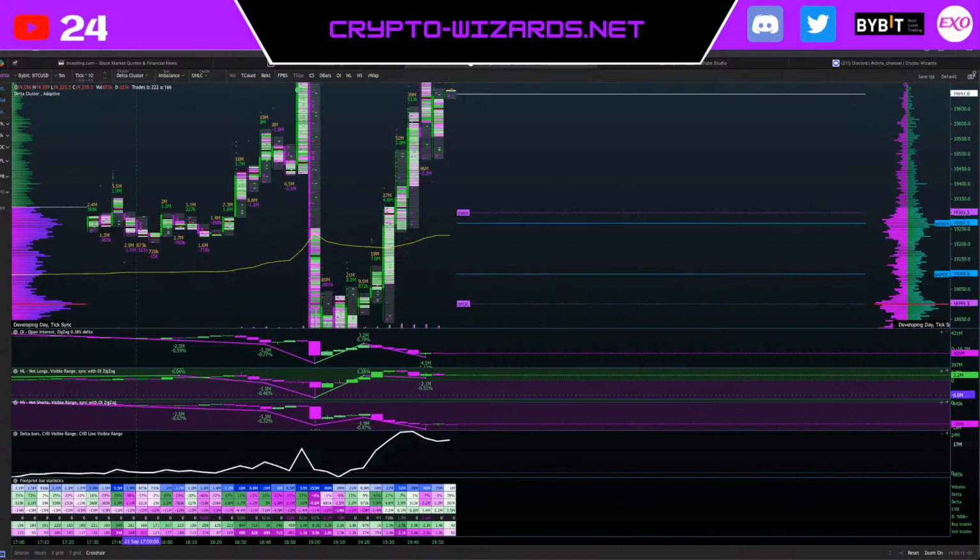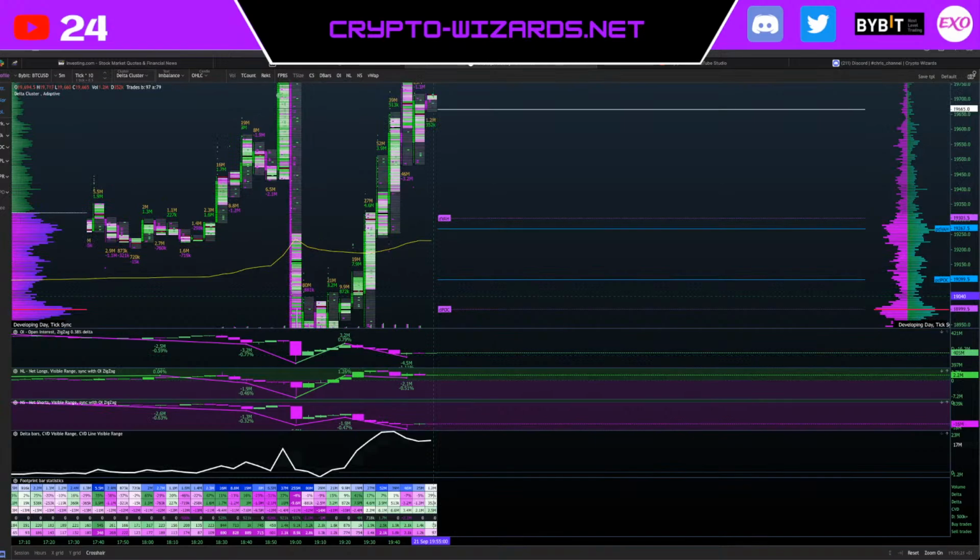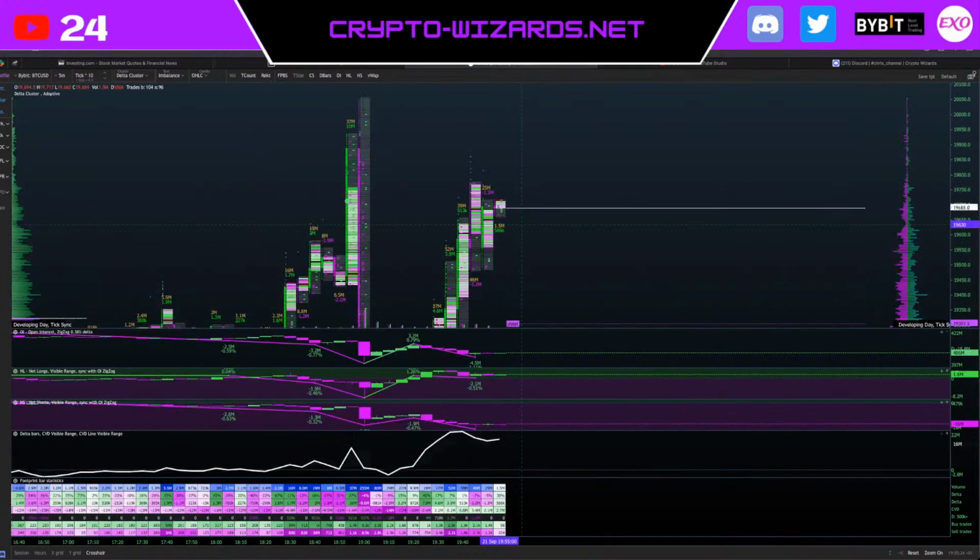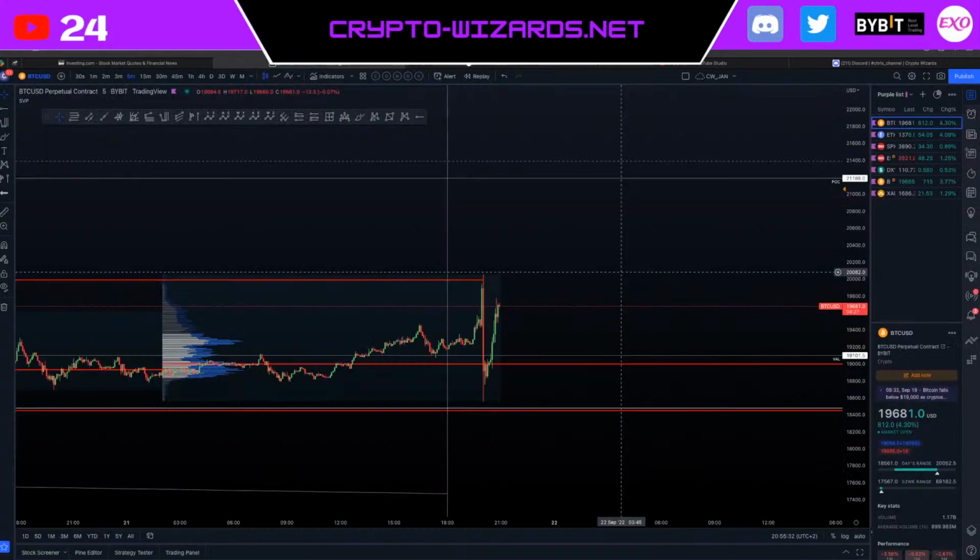Net longs stepped in on the VWAP, now decreasing too, so they are taking profits, but now we are wrecking shorts. How I would view this move is that we don't really have momentum behind it. It doesn't really matter that we are automatically going to the downside, but it's not so strong yet. I would really wait for reclaiming 20,200. Once we are able to reclaim it, then I would be looking for getting that demand, getting the momentum, net longs opening, getting the volume. That's going to be the confirmation for you.